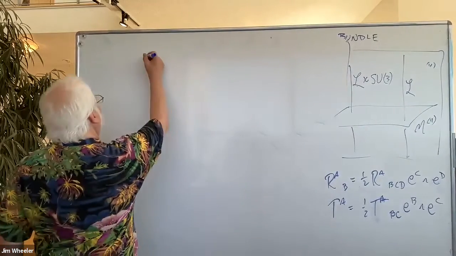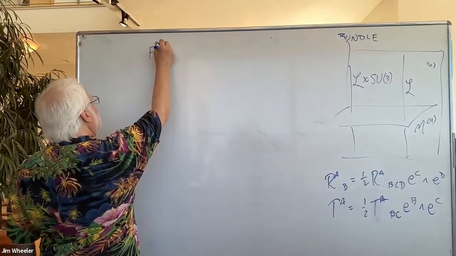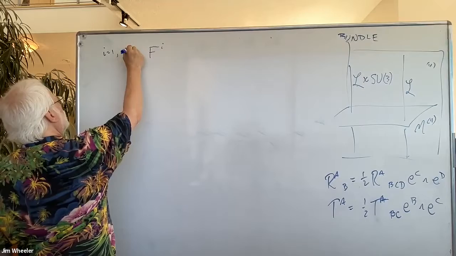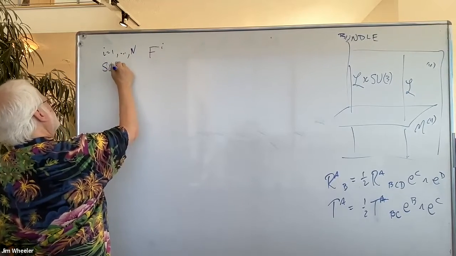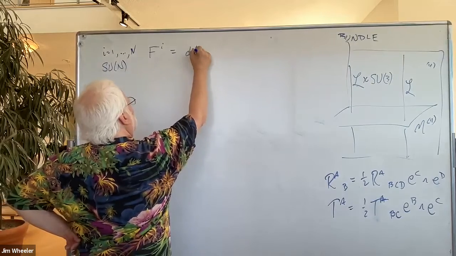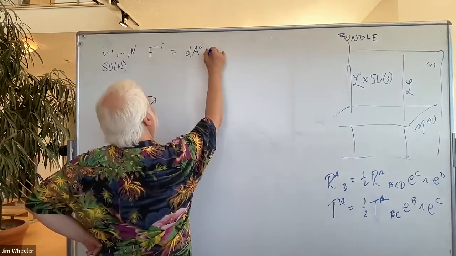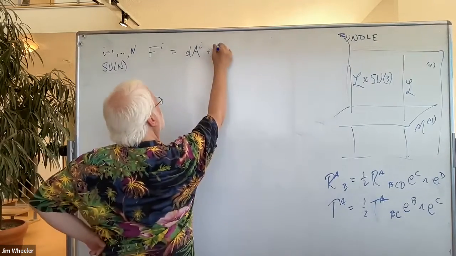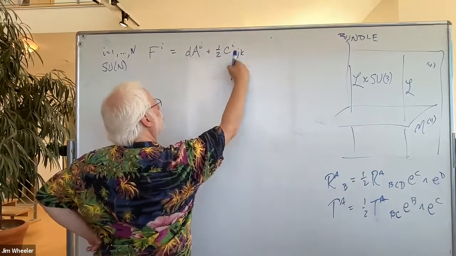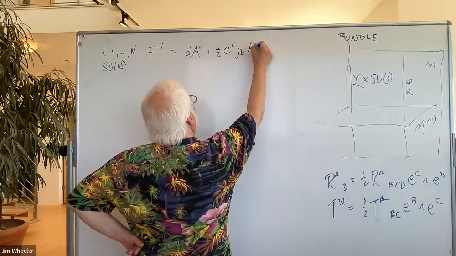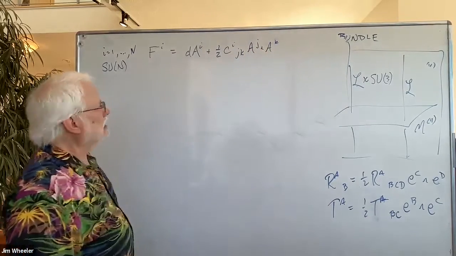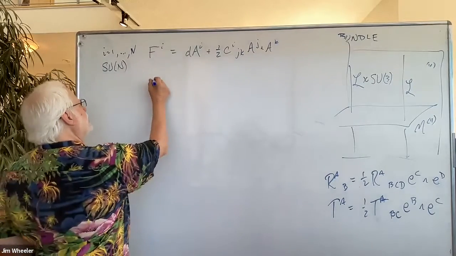So let's talk in physical theory. I've got some Yang-Mills field. i runs from 1 to capital N, where my symmetry group is SU(N). And this is going to be dA_i plus 1/2 C_ijk, where these are real structure constants, A_j wedge A_k. So that's my Yang-Mills field. Now I do some physics.